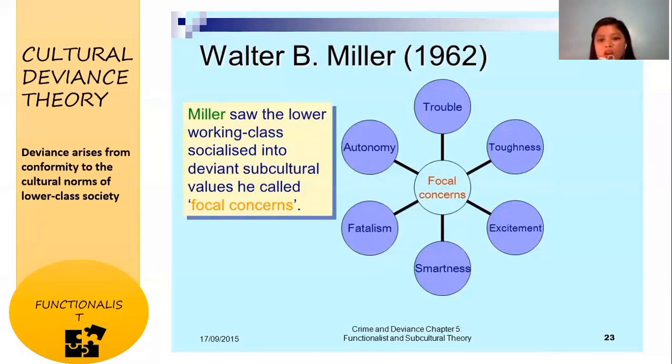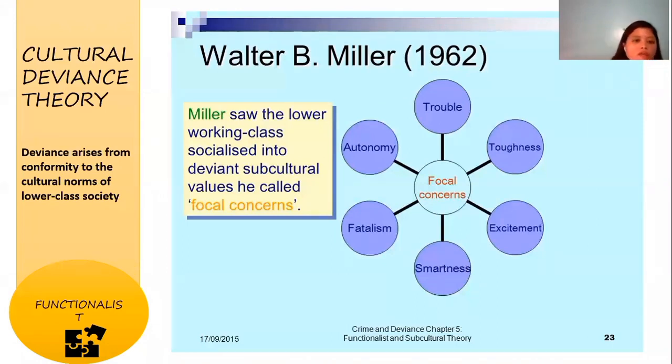So usually they are people who engage in fraud and con activities. Then we have fatalism. People in the lower class believe that they have little control over their life, wherein they believe that life is just a matter of being lucky and not lucky. And next, we have autonomy, wherein people in the lower class want to be independent from what is established in the community.